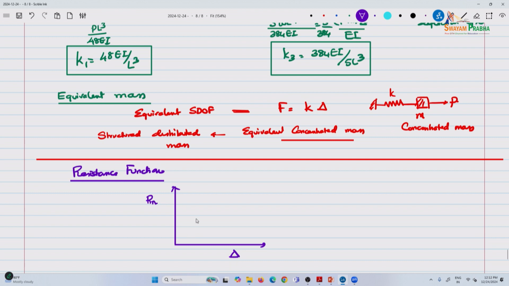This is not in terms of force versus applied deflection, but in terms of the resistance from the structural perspective. From the structure, what is the resistance, and then what can you use beyond that?